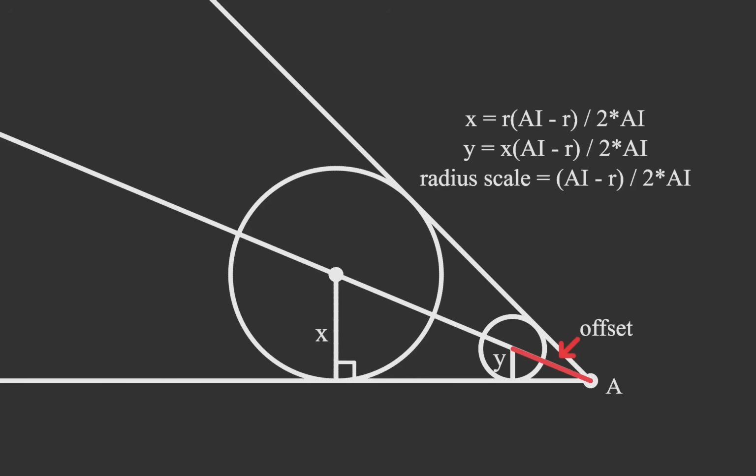Because each smaller circle is essentially a scaled down incircle, we can just take the offset from each vertex to the initial incenter, which we get by subtracting the vertex coordinate from the incenter coordinate, and then divide that offset by the in radius to get a sort of base offset. We can multiply that base offset by the radius at each level to get each offset, which we then add to the vertex position to get our desired positions.